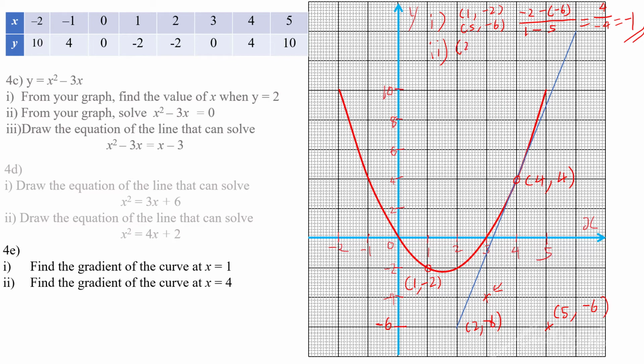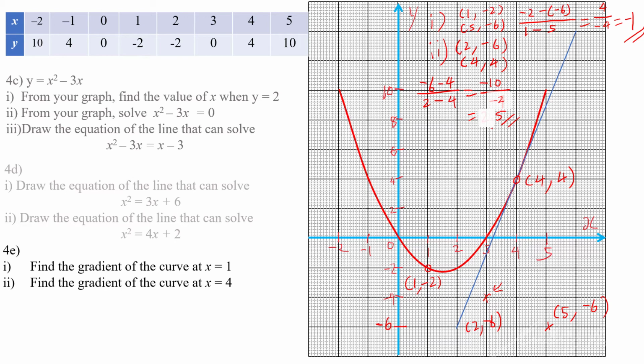So what I have is 2, -6 over 4, 4. So -6 minus 4 over 2 minus 4. I will get -10 over -2, which will give me 5.